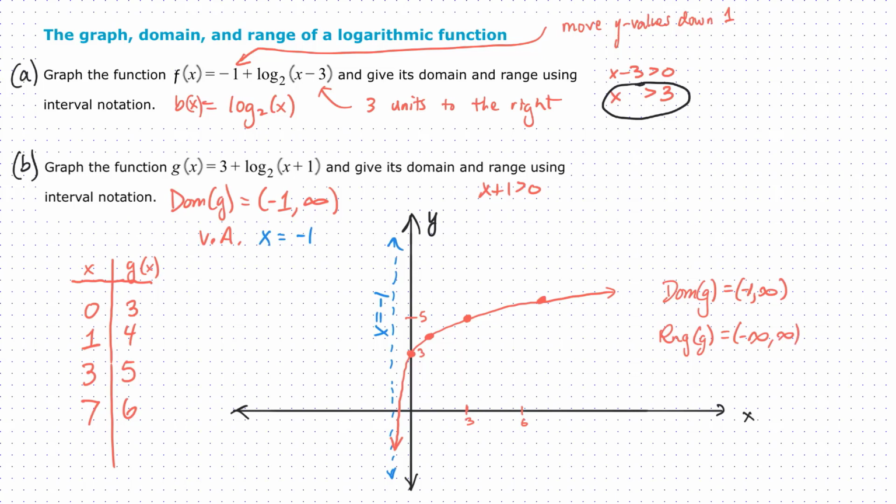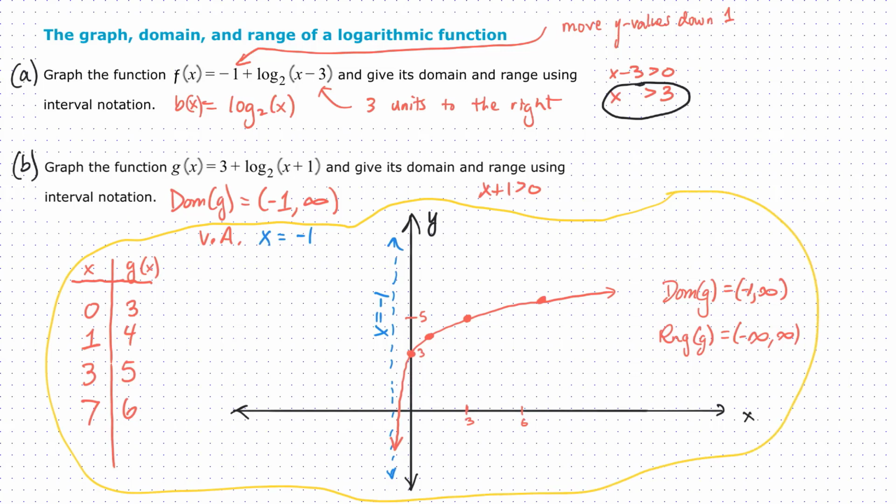All right, we got everything here. Everything is labeled. Vertical asymptote is labeled. So let's circle all the work and the answers that are necessary. Ordered pairs are labeled. Now let's do a better circle. And we're done.